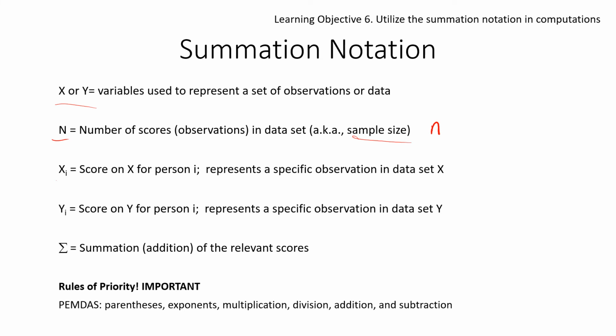If you see this, X with an i next to it, and in a sense, X with, let's say, a 1, or X with a 2, or X with a 15, what that is basically saying is that's a specific observation in the data set. This is the first observation, this is the second, this is the 15th X observation.